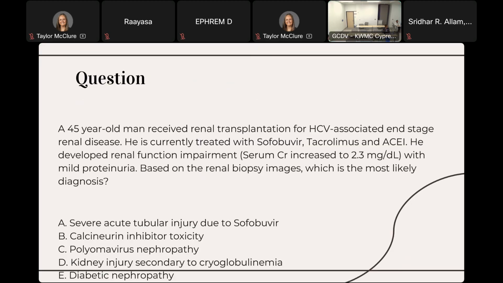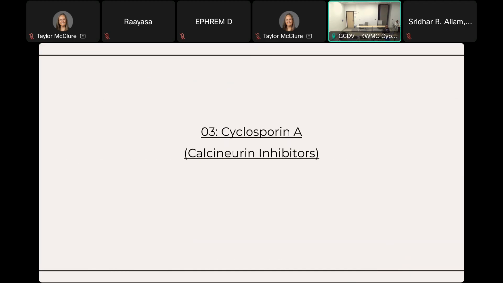Here I think we have two, A or B, but I think the HCV treatment is safer in the kidney than a calcineurin inhibitor. The question is A or B. Which one is it? I know, I changed my mind. Let's come back to it.